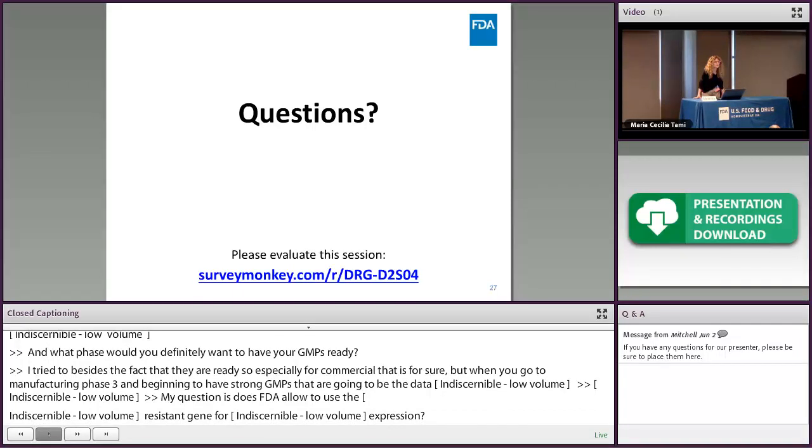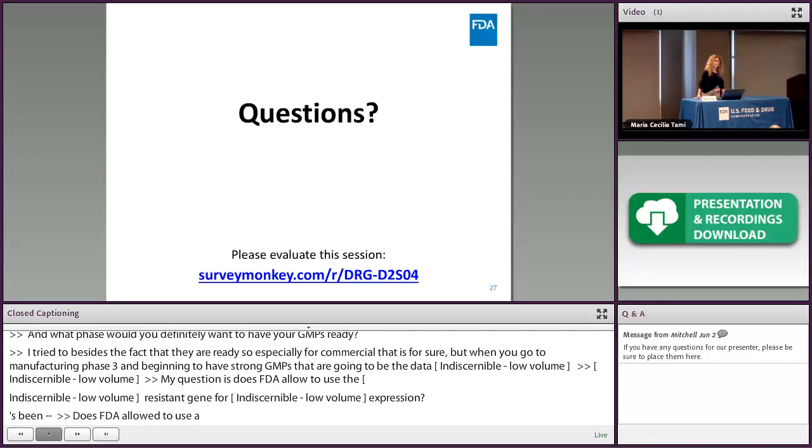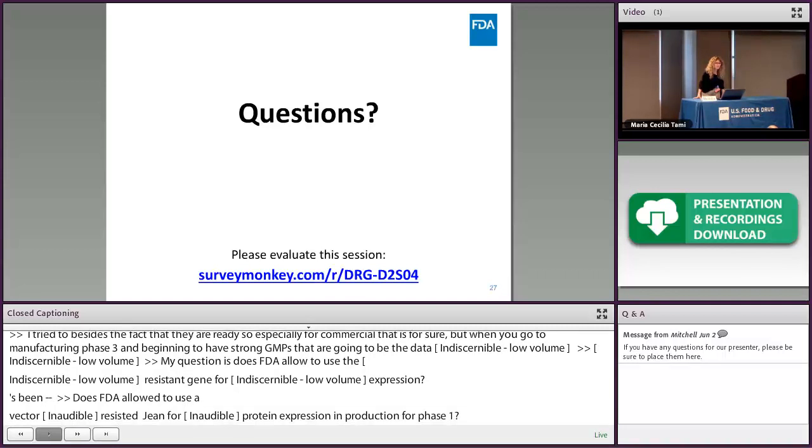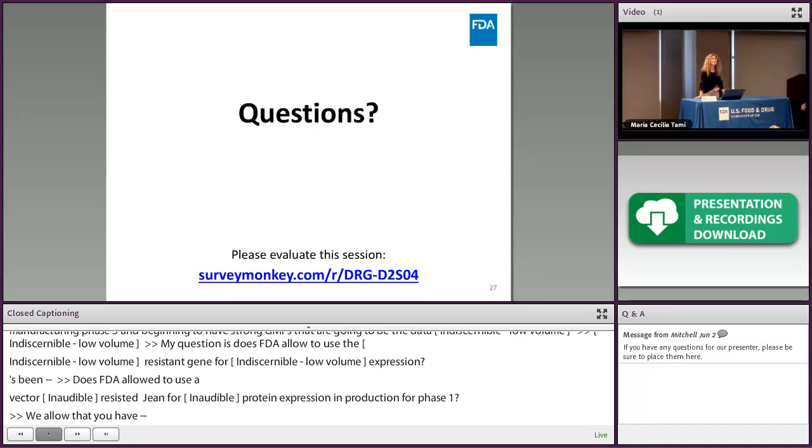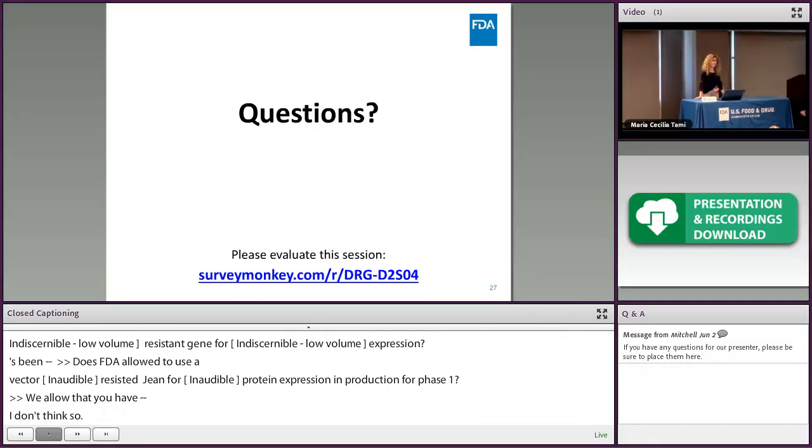What kind of gene? Ampicillin. Well, I don't think so. We strongly recommend that no antibiotics are used for fermentation, at least in those steps.